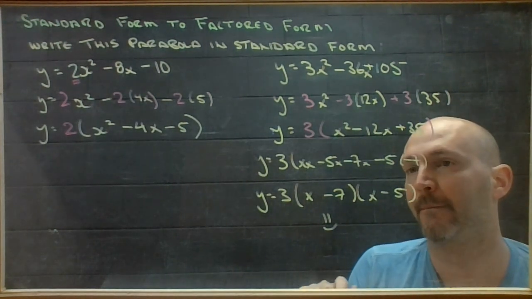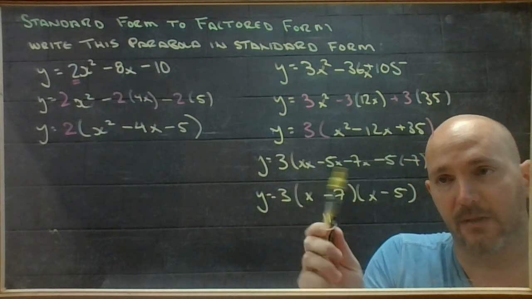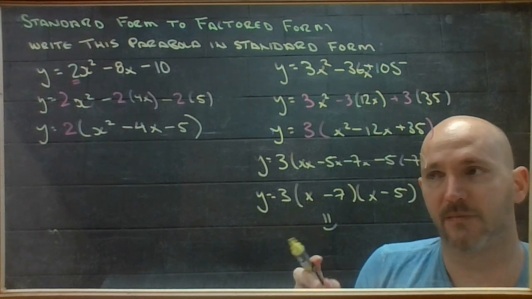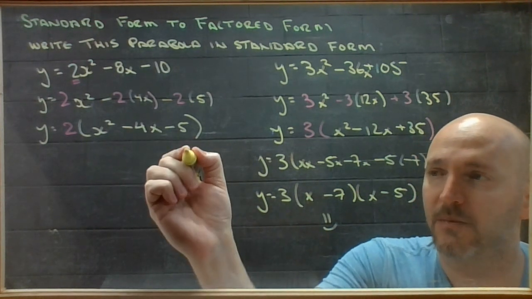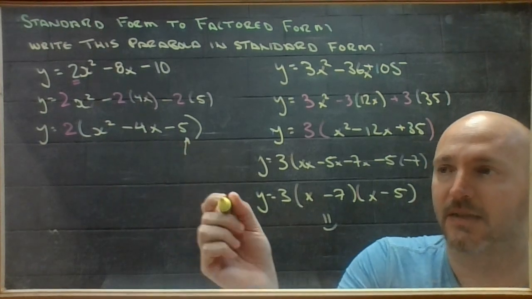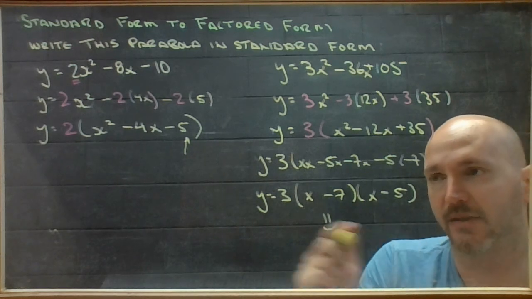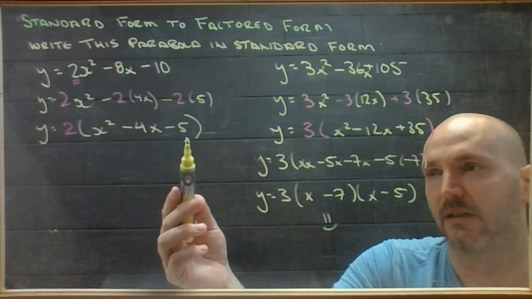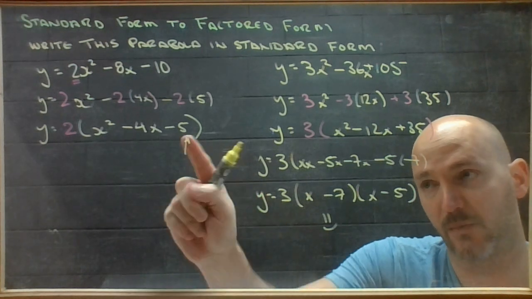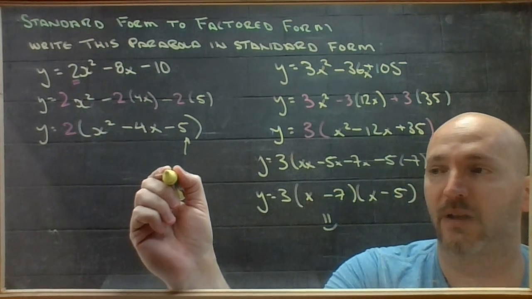Okay, so I've done this part. Now I have to do this thing where I tease the whole problem apart. So this number here comes from the multiplication of these two numbers in that pod. So however I have to split this, I need two numbers that will multiply to negative 5. So what multiplies to negative 5?